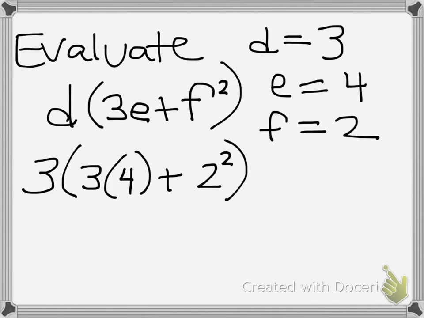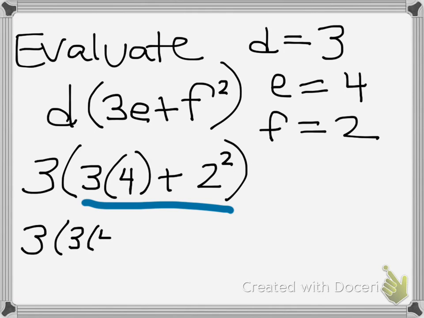So now that I've plugged in all the numbers, now I follow order of operations, so I start in the parentheses. And then in the parentheses, I go to the order of operations again. So exponents is going to come before multiplication. So in parentheses, I'm going to do the 2 squared first, which is 4.